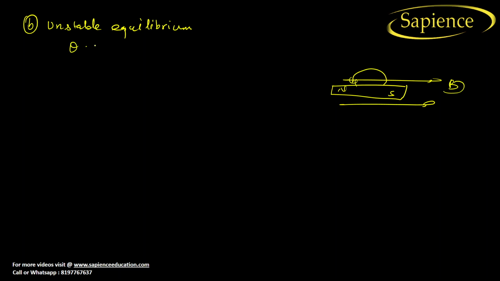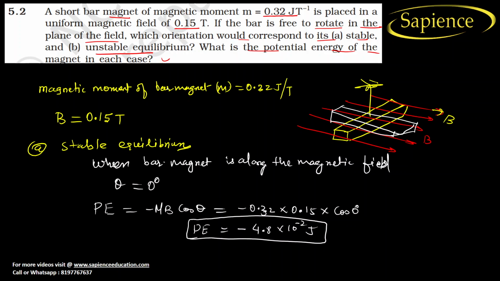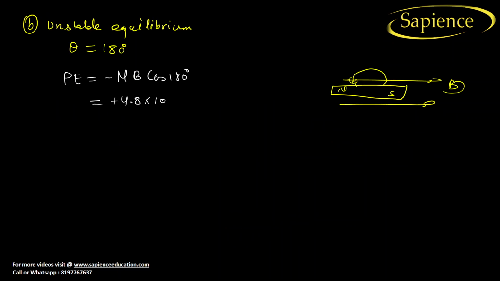That is, theta is equal to 180 degree, so we can say that it is in unstable equilibrium, right? So the potential energy for this case will be equal to minus mB cos 180 degree. Just put the values. Earlier we got minus 4.8, so when you calculate it, it will become plus 4.8 into 10 to the power minus 2 joule, right? So this is the potential energy. I hope you have understood this one.